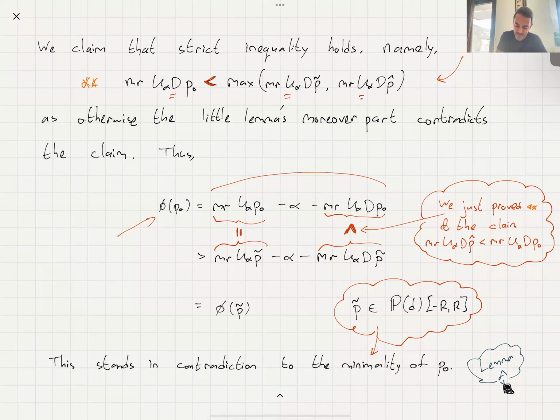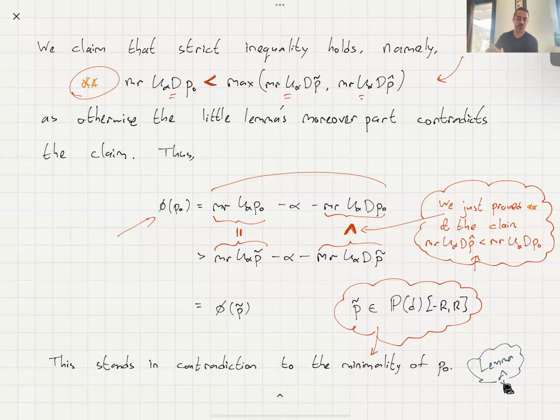And what I claim is that this inequality holds. So why is this true? We just showed the two stars mean that the 0 player is strictly smaller than the tilde and the hat. But the claim told us that the hat is smaller than the 0 player. That's how we prove this strict inequality.